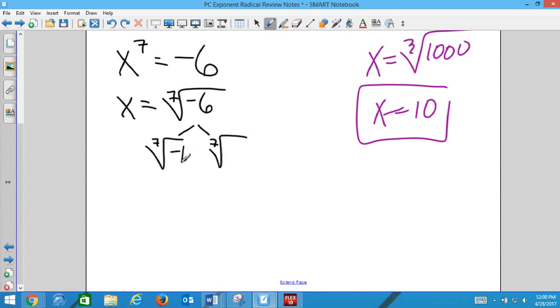If there's a negative under there, even if I can't do anything with the 6, that's okay. That negative 1 can pull out when it's the odd root of a negative number. So we'll have negative 7th root of 6.